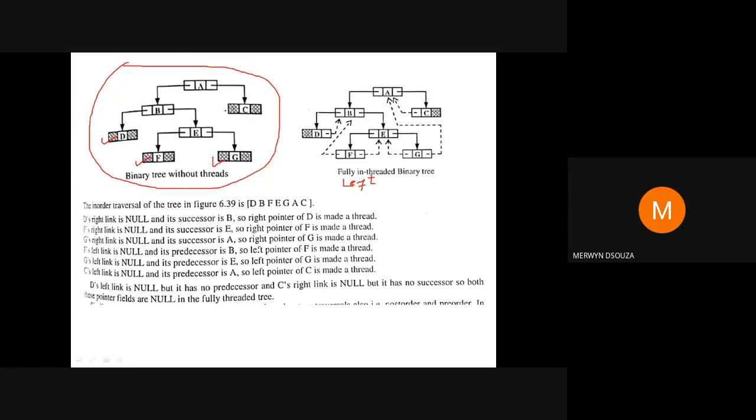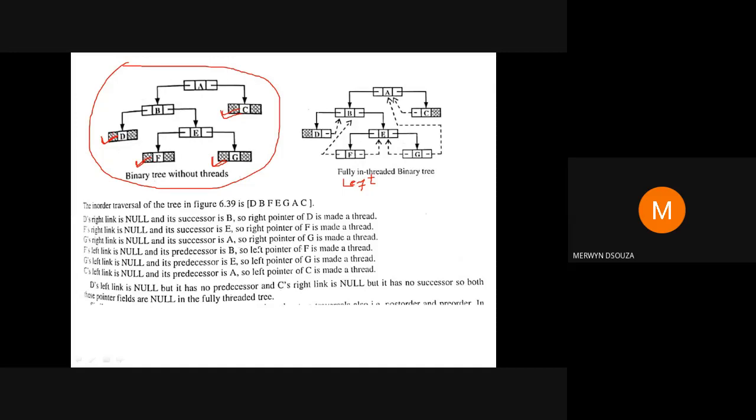Wherever there is null in the left portion of the tree, only that you replace. So you find out the in order predecessors of the nodes D, F, G and C and then draw the dotted arrows.